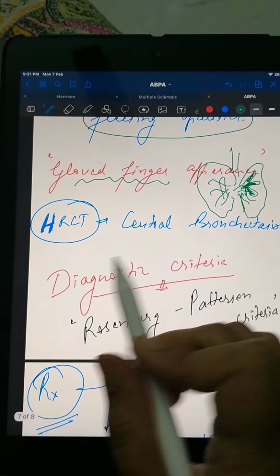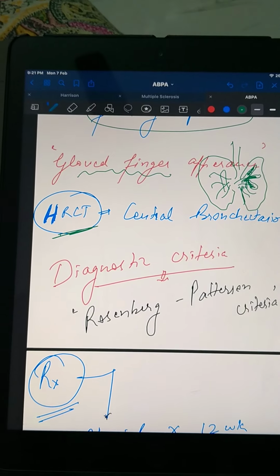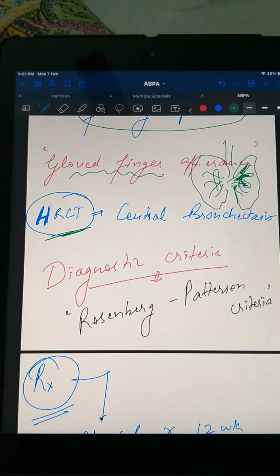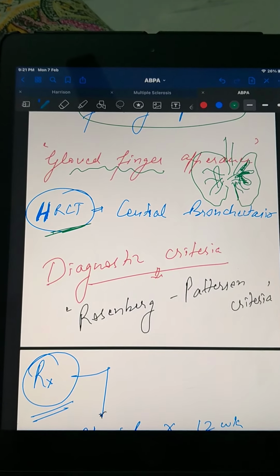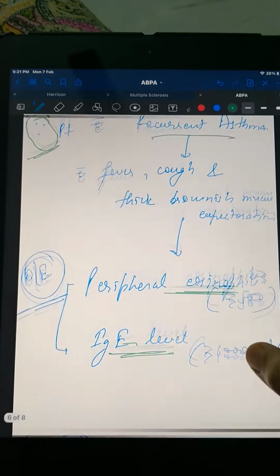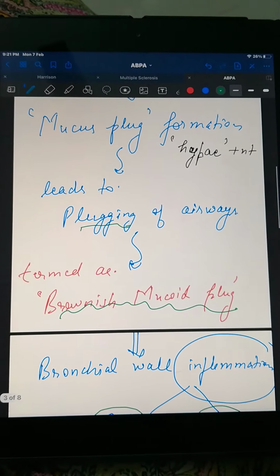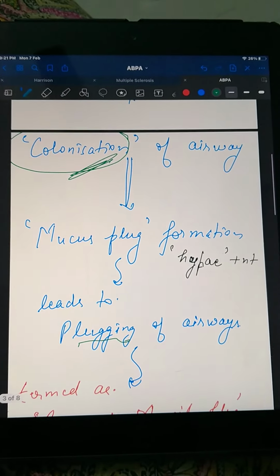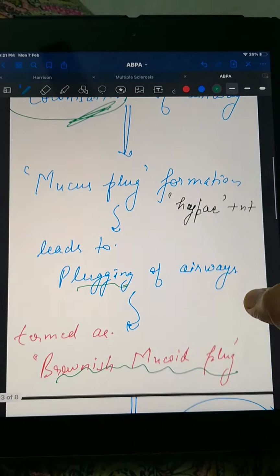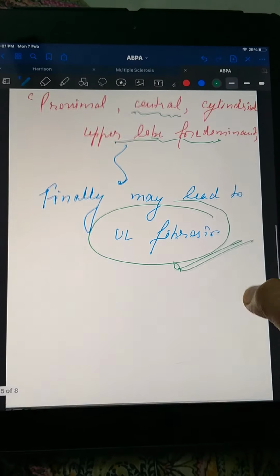One typical finding on the HRCT is again central bronchiectasis, which we have already seen, and how it occurs. It is cylindrical in shape. So it is very simple when we understand the pathology. The patient is allergic to Aspergillus fumigatus, then inflammation occurs, then wall damage occurs, and finally fibrosis occurs.